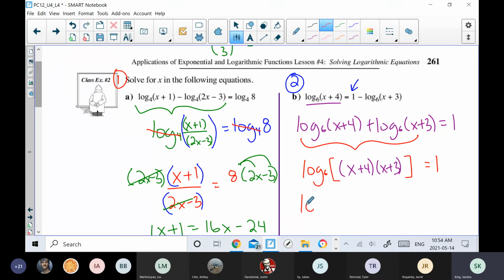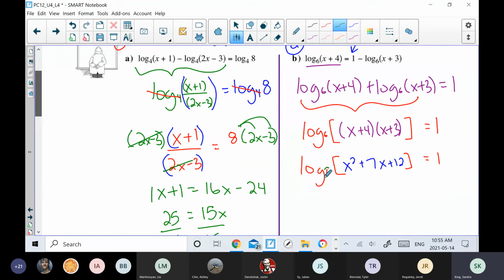This would give me log base 6 of, right here, x squared plus 3x plus 4x would be plus 7x, and then plus 12. In order to get out of log form, you must go to exponential form. So you're always doing this. The base raised to that power is equal to the argument, x squared plus 7x plus 12.